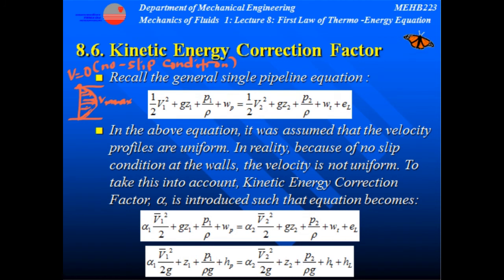So due to this, which velocity do you want to use? If you want the velocity profile equation, most of the time it will not be given. Therefore, we have to introduce a correction factor in front of the velocity.